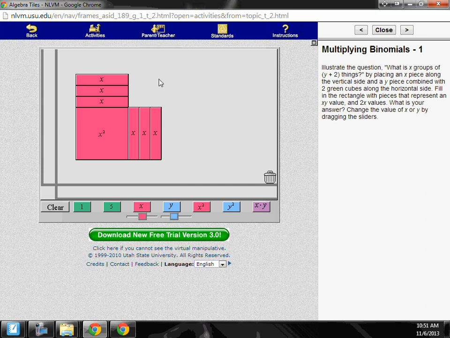So in order to create a square, how many singles do I need? 1, 1, 2, 3, 4, 5, 6, 7, 8, 9. And now it's a perfect square.